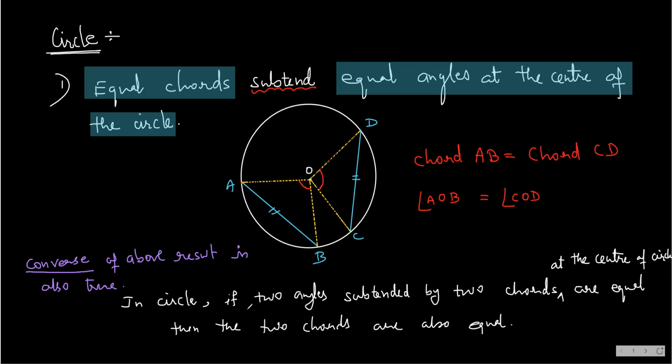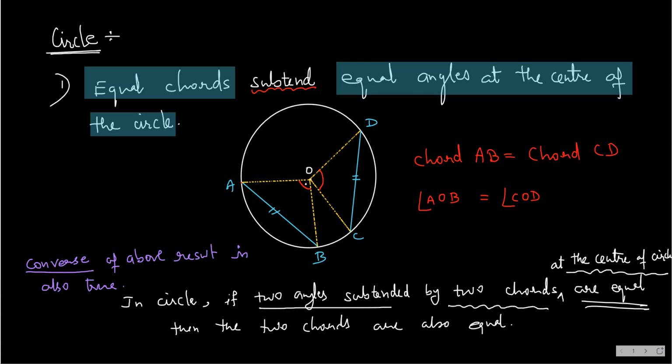You are saying the two angles subtended by two chords at the center of a circle are equal. And if these two angles are equal, then the two chords will also be equal, which is the converse of the first statement.